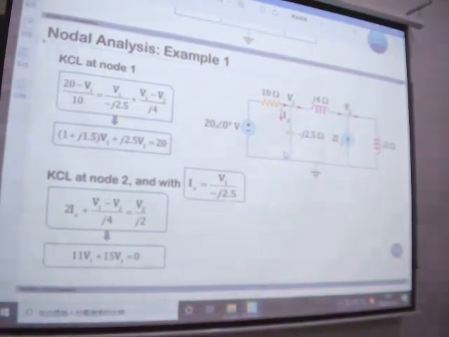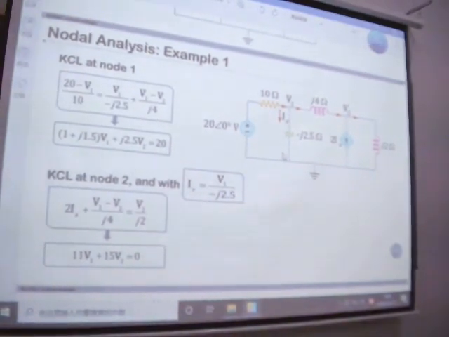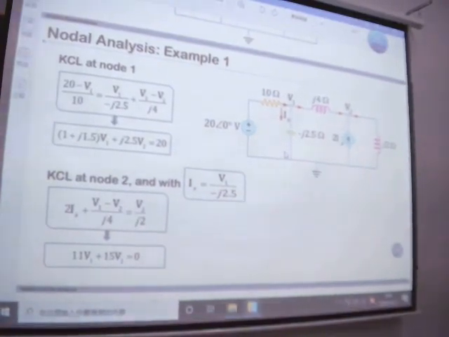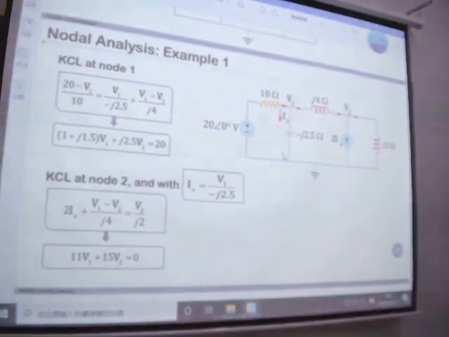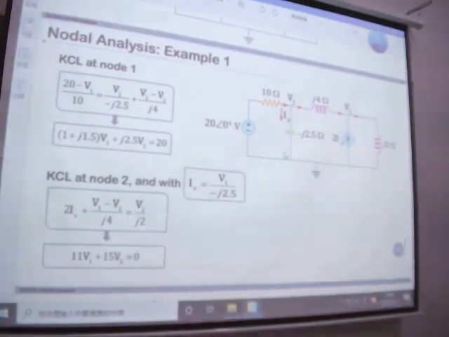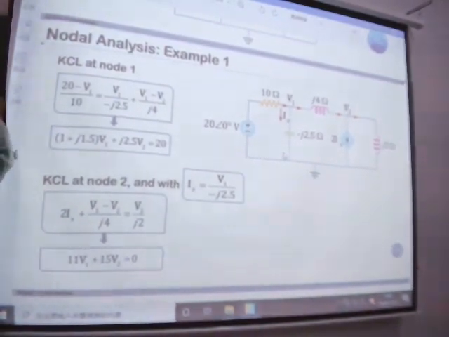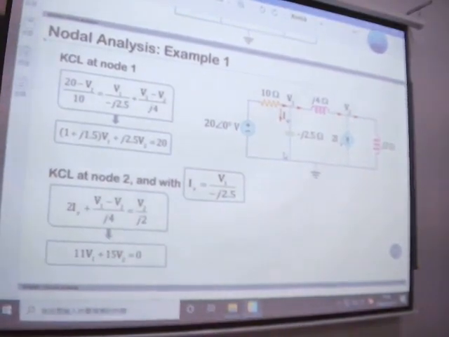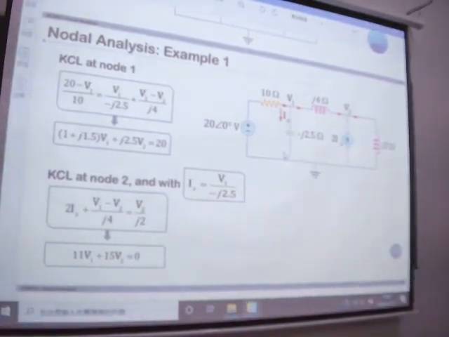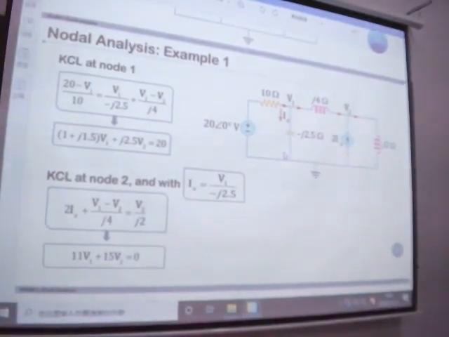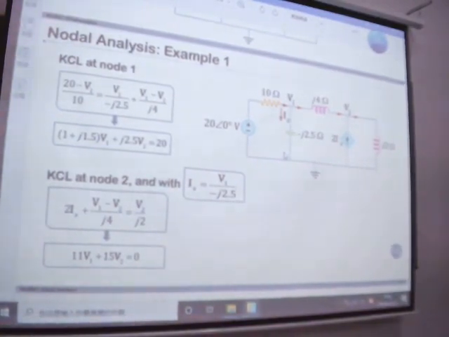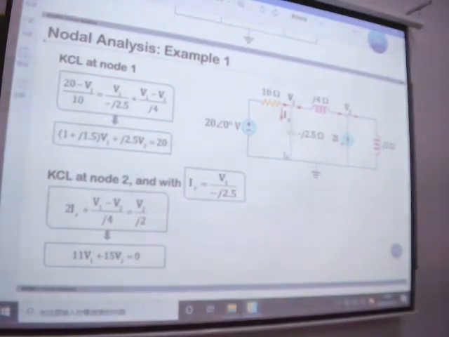So V1 equals Ix times minus 2.5j. So now we get three equations and three variables, and we can solve for a unique solution.